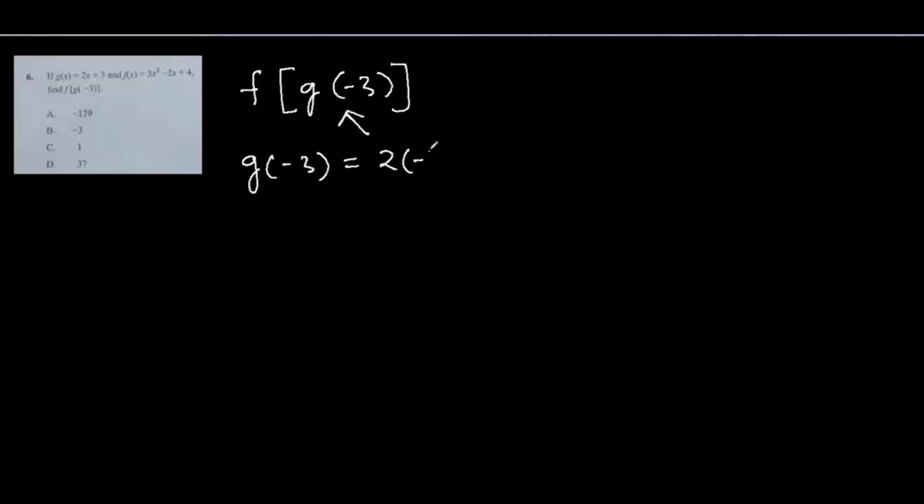Okay, in question number 6, they have given f(x), g(x), and they are asking us to find f(g(-3)). So let's evaluate g of minus 3 first. So in g, we'll substitute minus 3 in place of x. So 2 times minus 3 plus 3. That is minus 6 plus 3, which gives us minus 3.